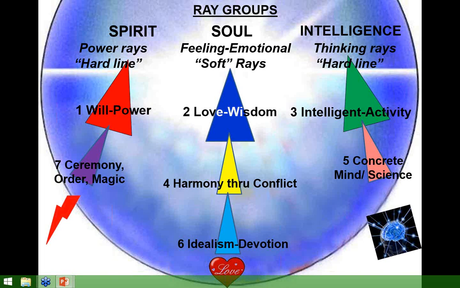For example, if you see people in the world, and I'll take extreme examples, like an Adolf Hitler. He was very advanced intellectually, probably was an aspirant on the path who had taken the left-hand path. But he was using his first-ray power very, very negatively, and we saw the results of that.